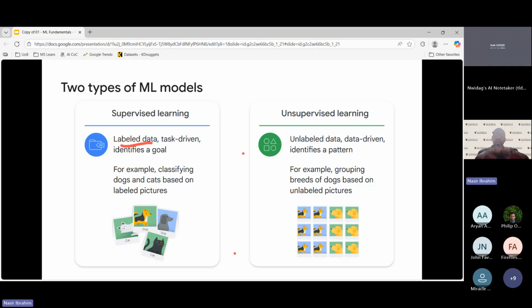In this case, it could be a bunch of images, but you don't have the tags saying whether they are images of dogs or cats. The unsupervised learning model goes through that data, looks at several features, and segments the features that are closely related.